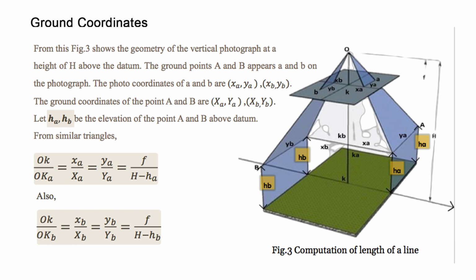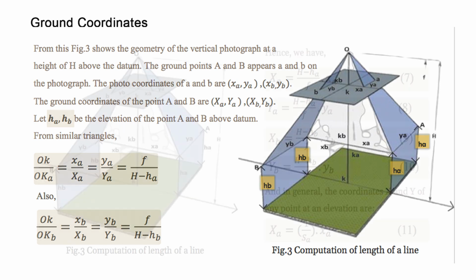We can arrive at Ok by OKA is equal to xa by capital XA is equal to ya by capital YA is equal to F by H minus HA. And also Ok by OKB is equal to xb by capital XB is equal to yb by capital YB is equal to F by H minus HB.